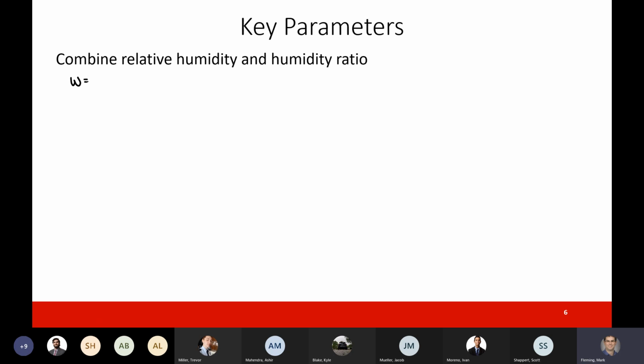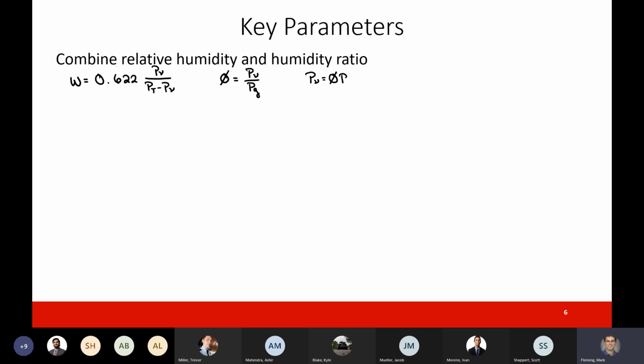If we recall the humidity ratio, that'll be 0.622 times P sub V over P total minus P sub V. Then we have the relative humidity, P sub V divided by P sub G. The best way to combine these will be to substitute in for our partial pressure of the vapor.